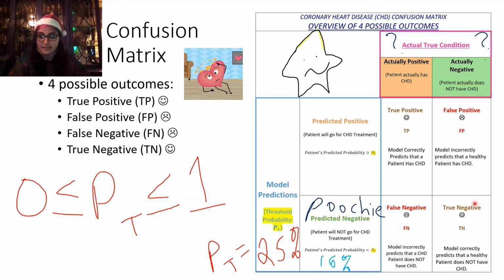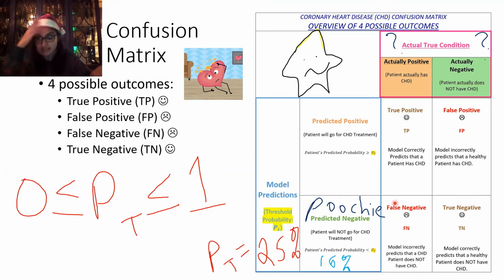Pucci skipped unnecessary CHD treatment, which is good. The model correctly predicts that a healthy patient does not have coronary heart disease. That's great. Pucci saved money on future tests, and saved stress, time, energy, and side effects from treatment, all of that stress for nothing.